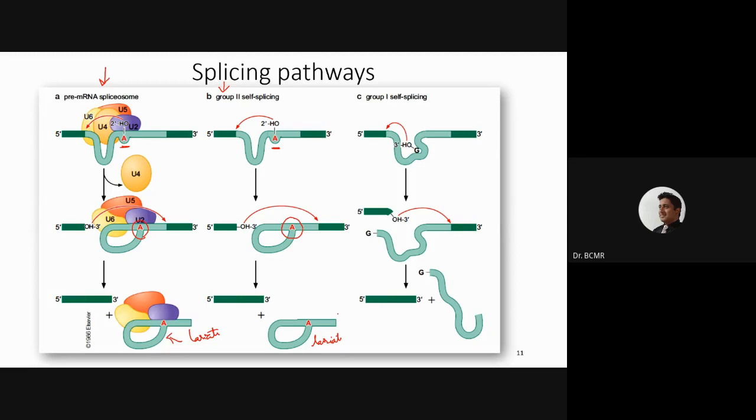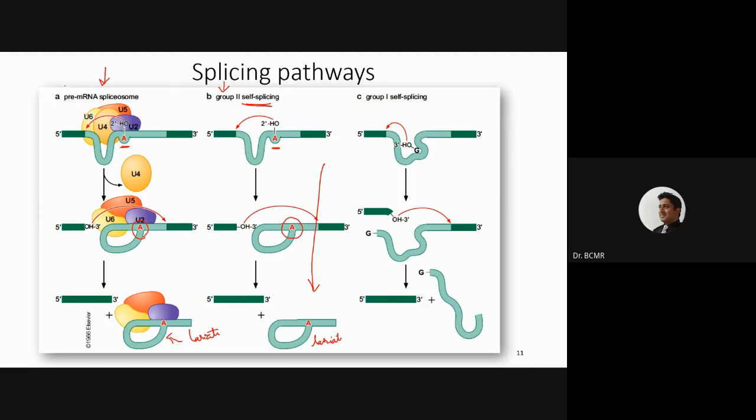What is then the difference between pre-mRNA spliceosome and group 2 introns? These are self-splicing, meaning that they do not need so many additional things to recognize and splice out. They mediate all these reactions themselves, and that is why they are also referred to as enzymes.